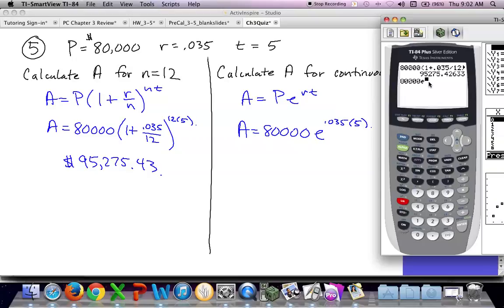It's popping me in the exponent right there. And then, again, if you're going to do it with an 83, use a parenthesis, 0.035 times 5. With an 84, you don't really need to do that. Enter. 95,299.70.